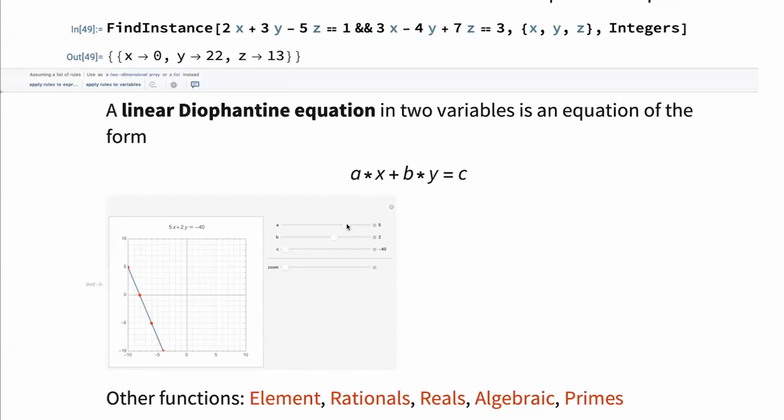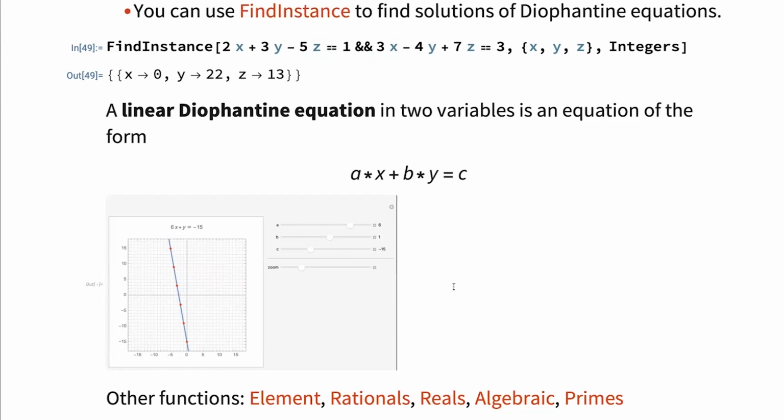Here you can see on your screen our Diophantine equation, and we can just change a, b, and c, and also zoom in and zoom out, and you see that these red dots are in fact the solutions of this Diophantine equation.